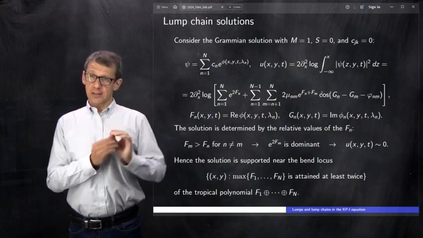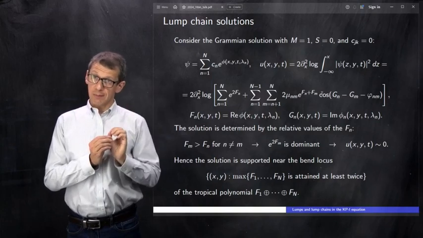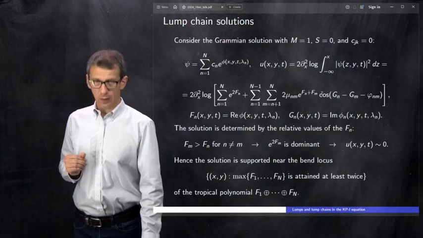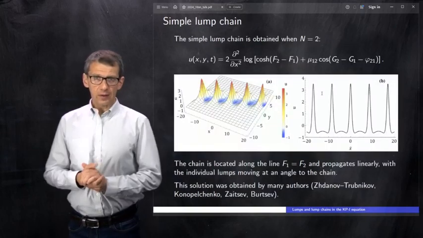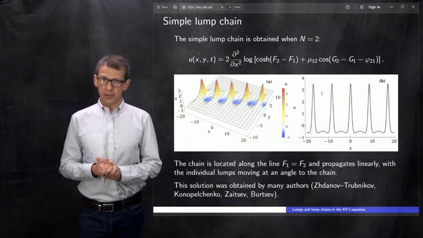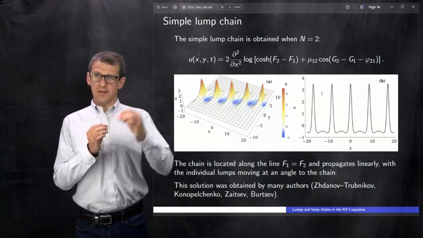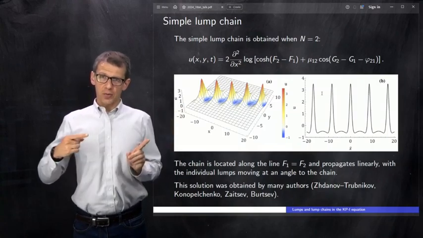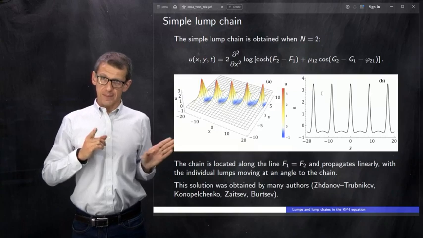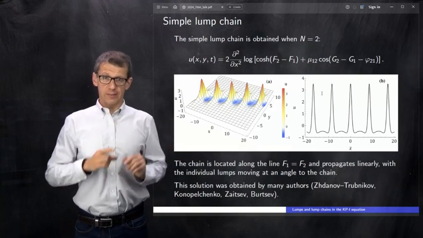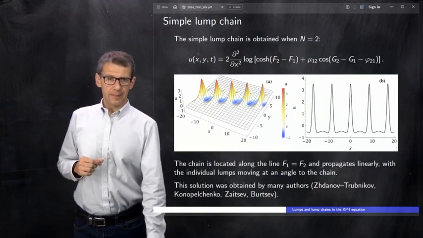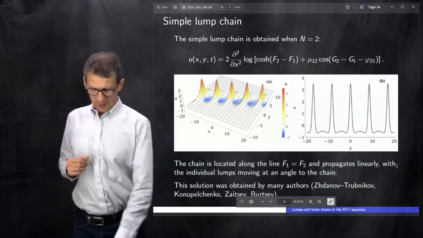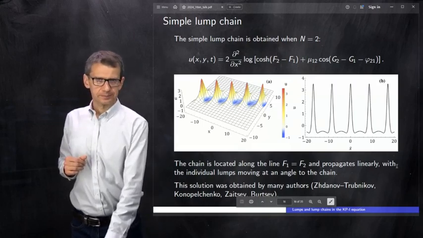So now my solution, instead of being translationally invariant, is going to be periodic in the y direction. Okay, so this is what the solution looks like. It consists of a set of individual lumps that are all moving in the same direction. The lumps are moving at an angle to the lump chain. And this solution has been obtained by many authors.